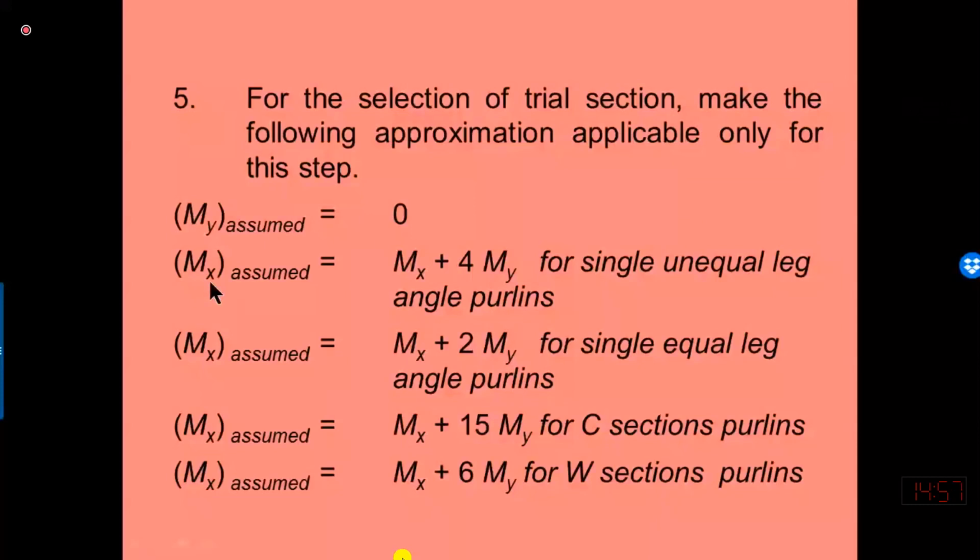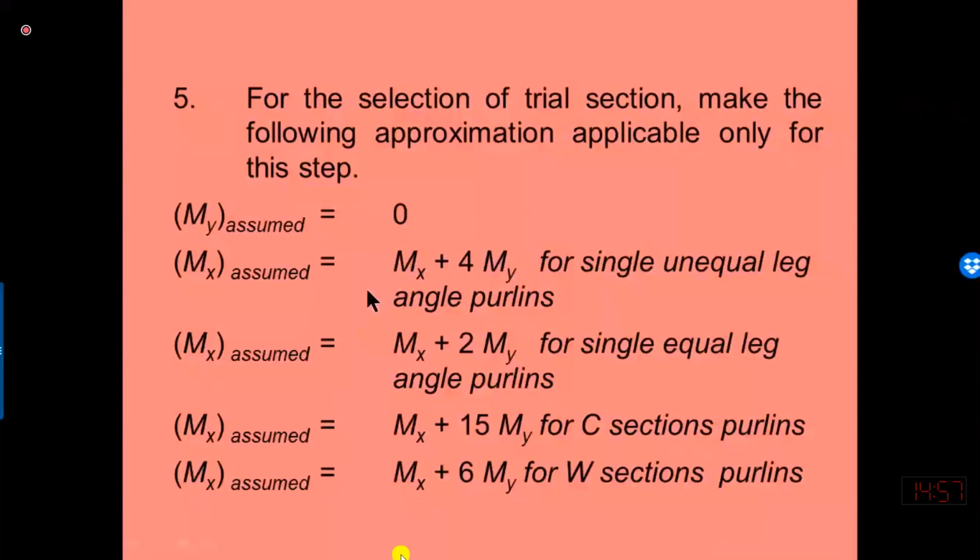If we are designing Perlin as a single angle unequal leg Perlin, then Mx assumed value will be equal to Mx plus 4 times My. So it means that we are converting My into the equivalent Mx value. So we are not dealing with Mx and My separately. So we are converting both parameters into a single moment about x-axis.